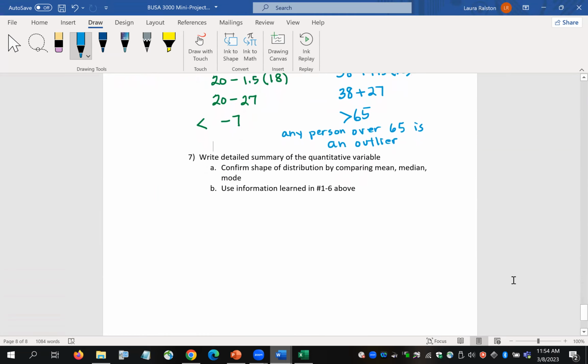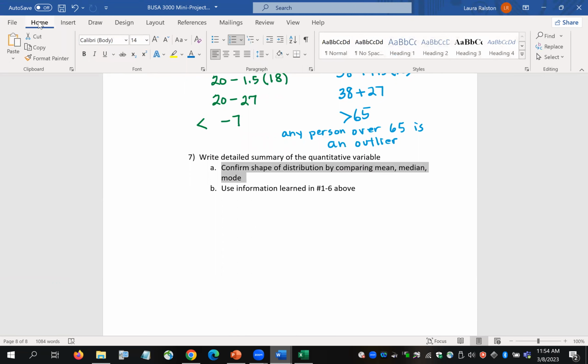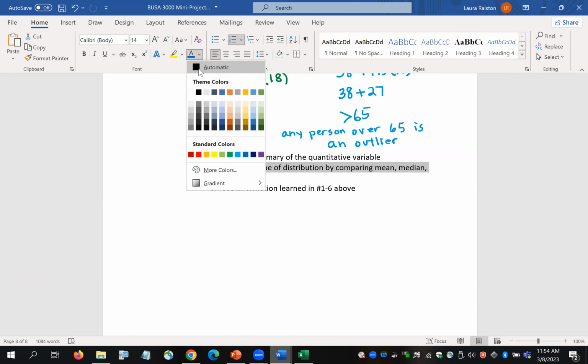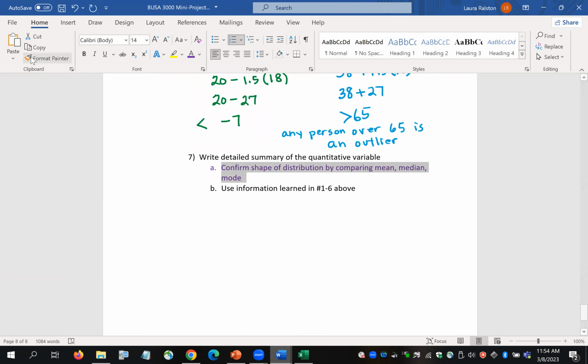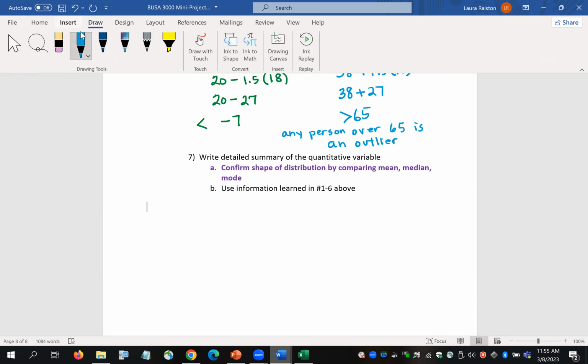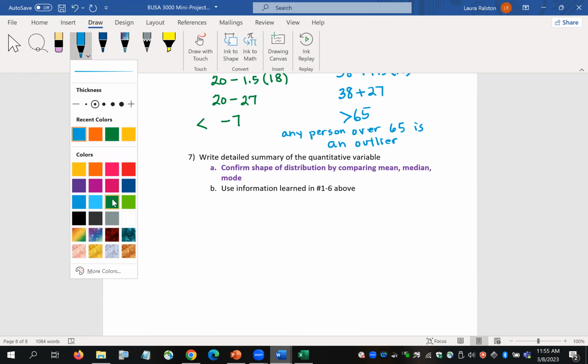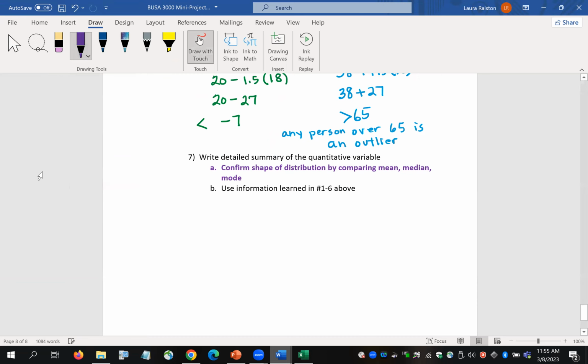Then question 7. If you've noticed some kind of unusual things about your data, you can share them here if there's other things you want to address. But the primary thing I want you to do on question 7 is to verify the shape of the distribution. In both cases, when we looked at the histogram and the box plot, I felt like it was symmetric.